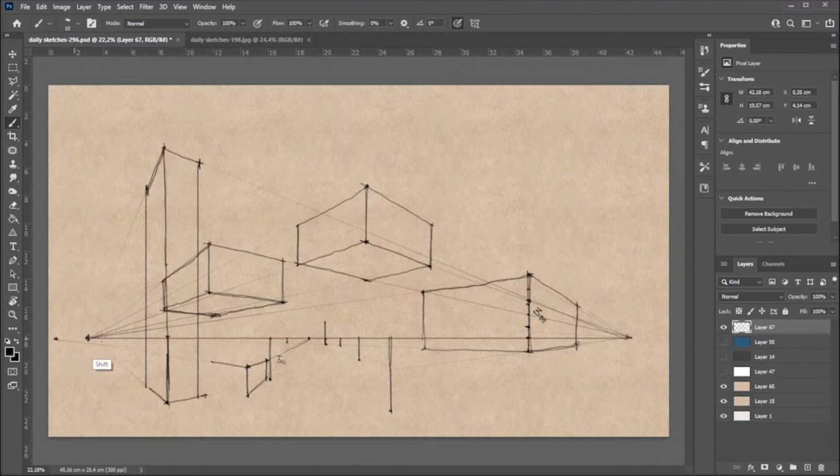Obviously this cube is not parallel with the others. It has a different angle.